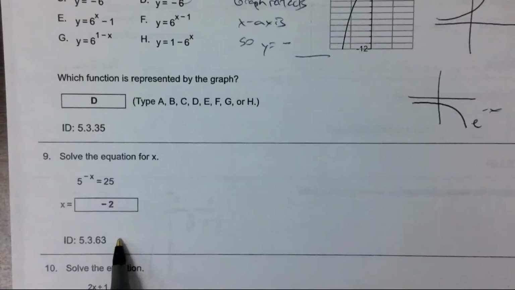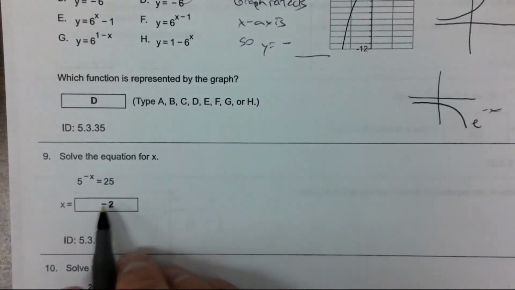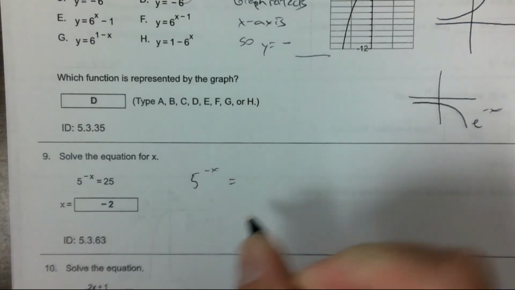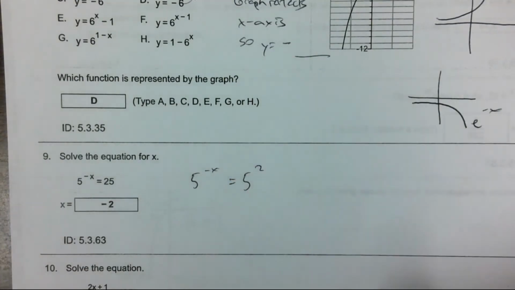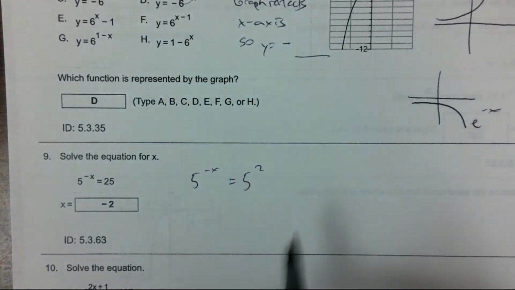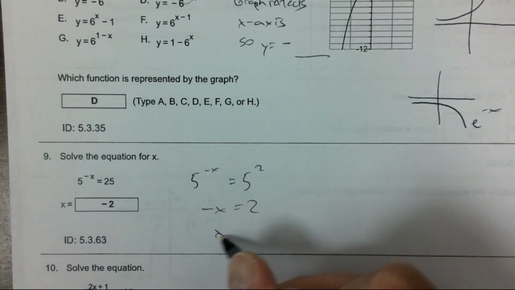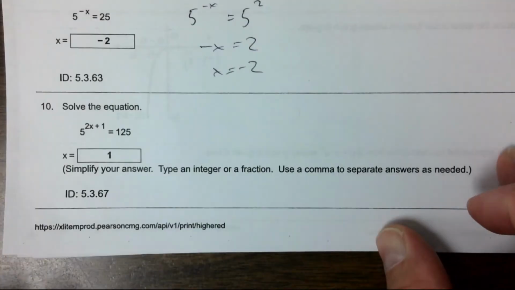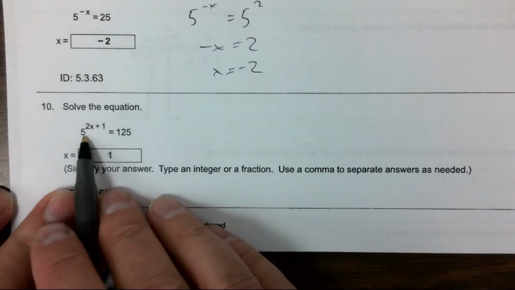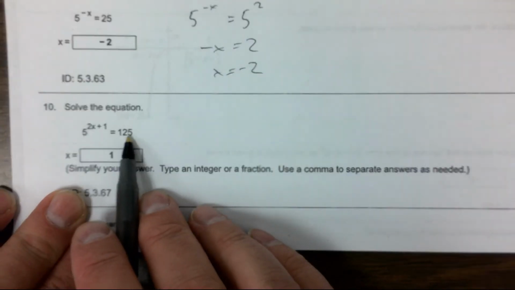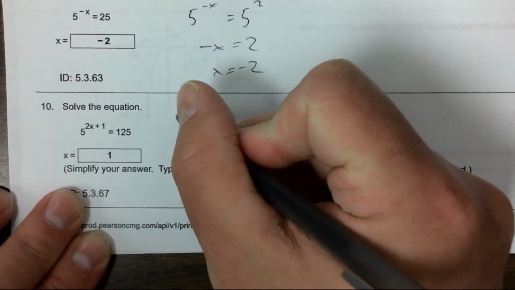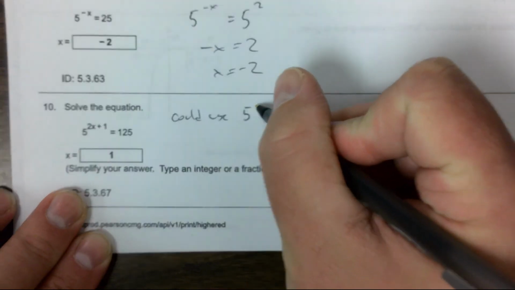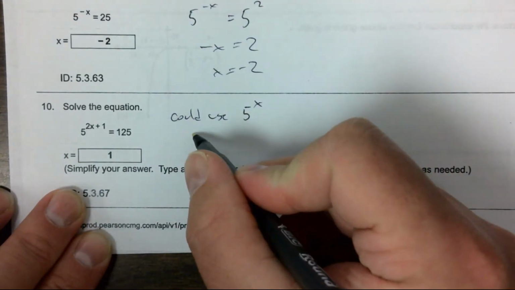Now on this one, what we do is we change it to have a like base. So we have 5 to the negative x equal 25, which is really 5 squared. Now that your bases are the same, you could say negative x equal 2, or just say x is negative 2. Now, on one like this, we already have a base of 5, which means you could use your table when you have 5 to the x and look at the table.